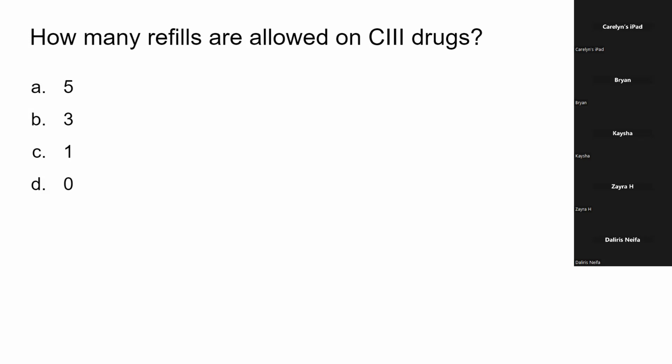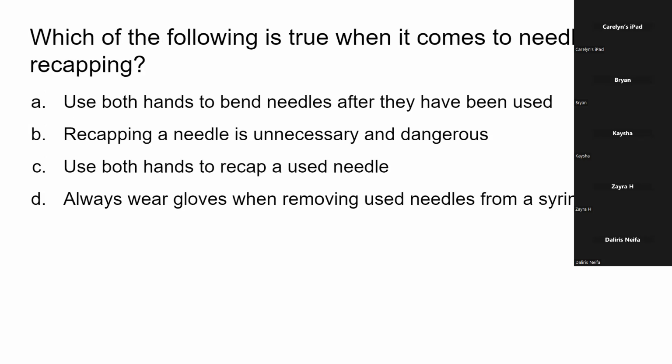So the prescription expires after 6 months, regardless of how many times you have filled it. For C3 drugs, the limit is 5 refills. For C2s, it is 0. All right. So the answer is A, 5.